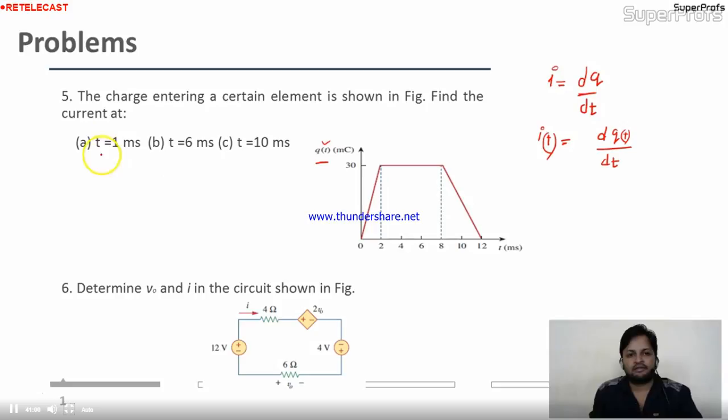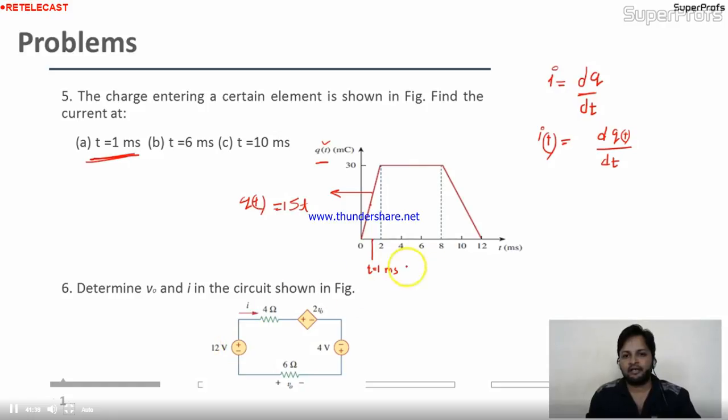Now see, first they are asking to find the current at t equal to 1 millisecond. This is t equal to 1 millisecond. Here we have to find the value of current. So we should first know the equation of this charge between 0 and 2. If you find the equation for charge in this region 0 to 2, what is the slope? 30 to 15t. It will be 15t.